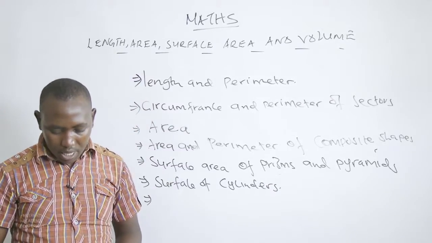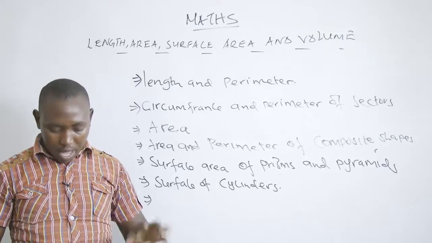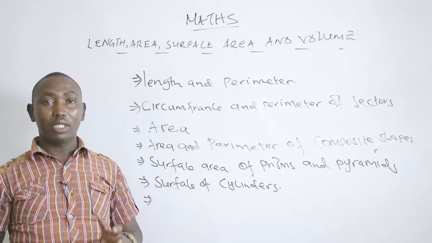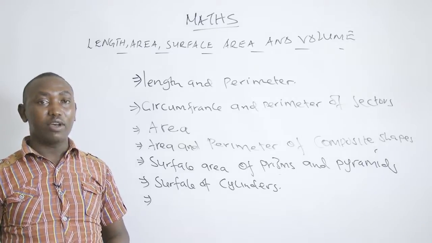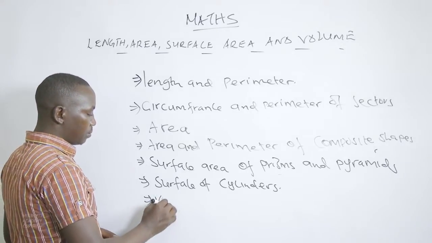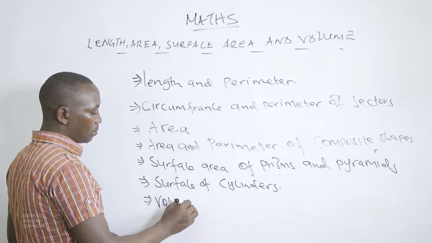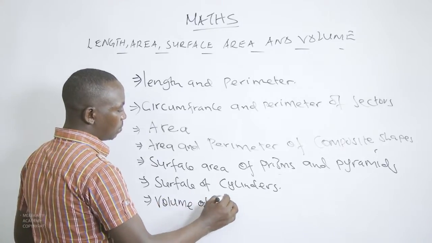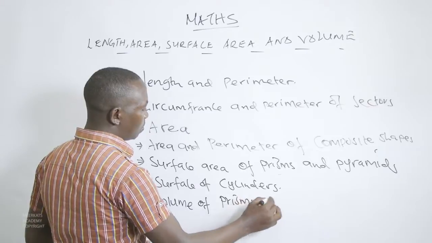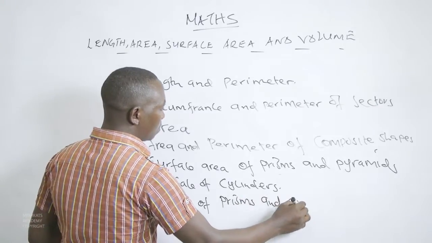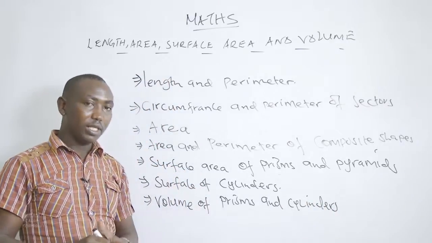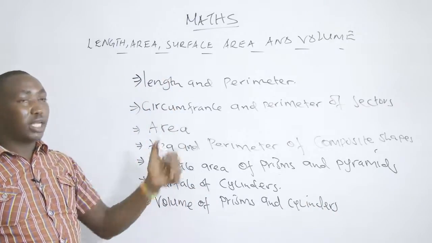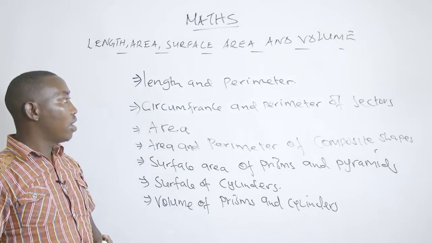From there, we shall move on to volume, and we shall first look at how we can calculate or find the volume of prisms before looking at volumes of cylinders. So all this is under the aspect on measurement and geometry.